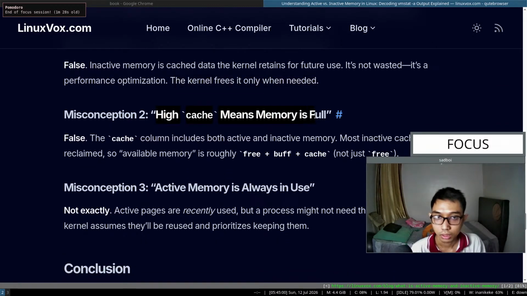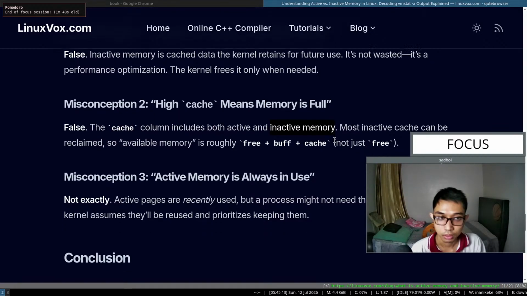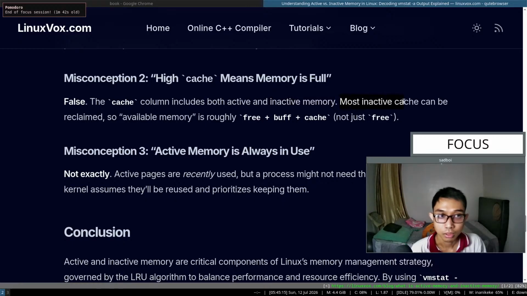Misconception 2: high cache means memory is full. Oh, okay. False. The cache memory includes both active and inactive memory. Most inactive cache can be reclaimed, so available memory is roughly free plus buffers plus cache, not just free.